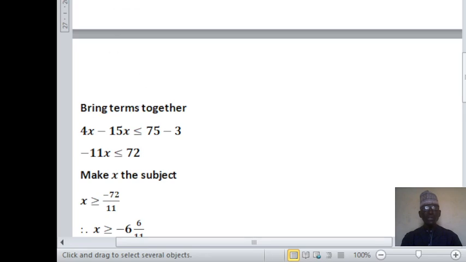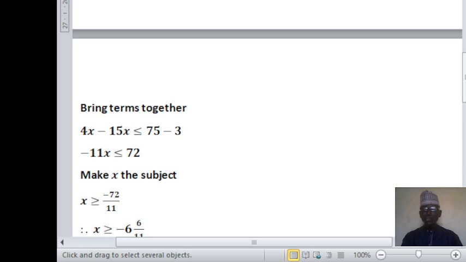And while you take your 3 to the other side, it will give us minus. When you perform the arithmetic, you have minus 11x, because 4x minus 15x is minus 11x, less than or equal to 75 minus 3, you have 72.